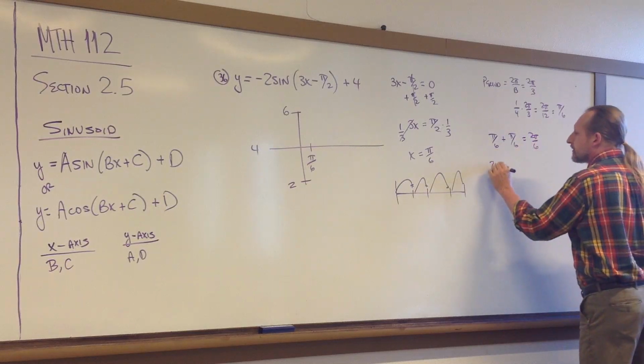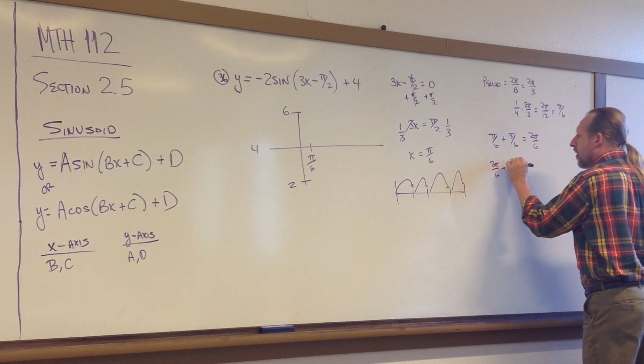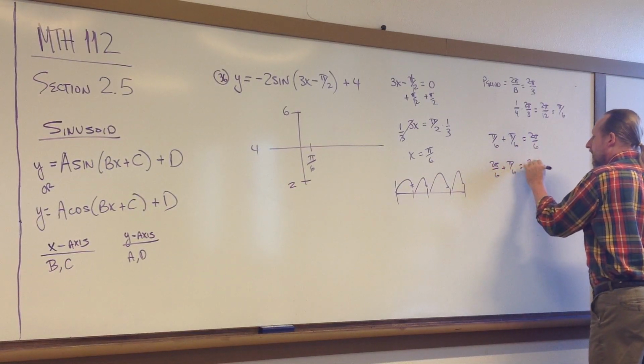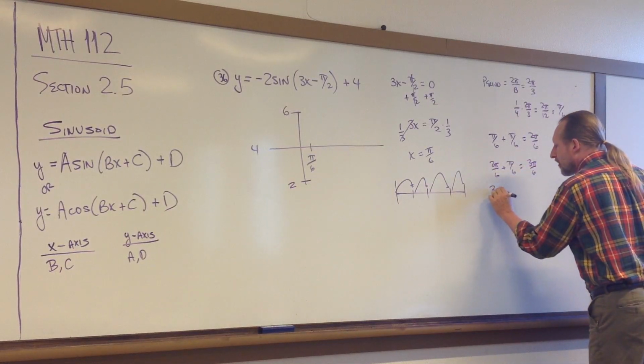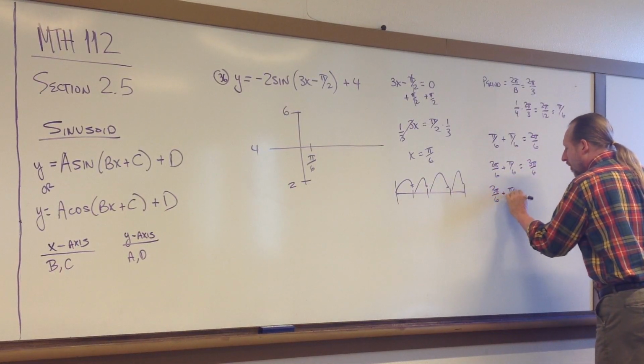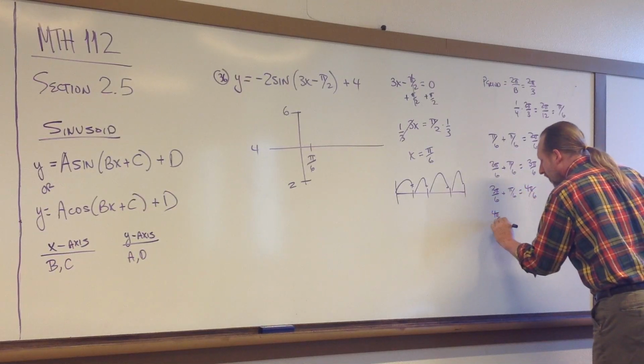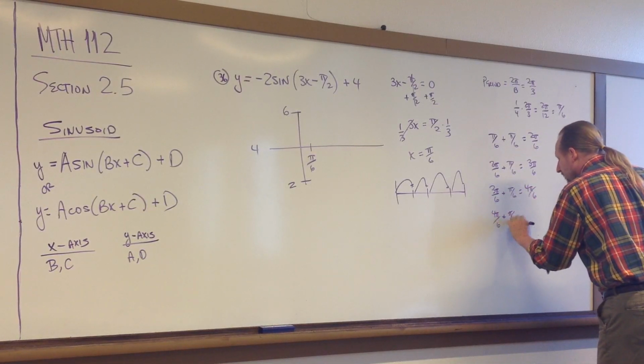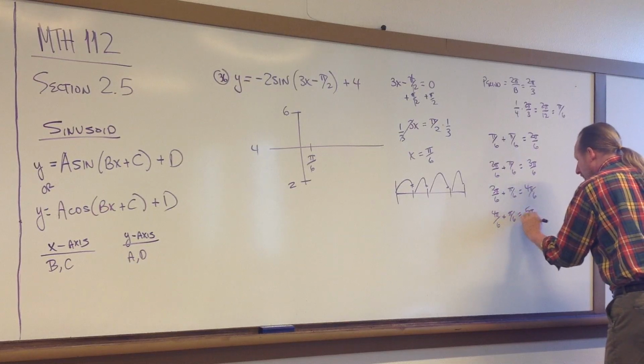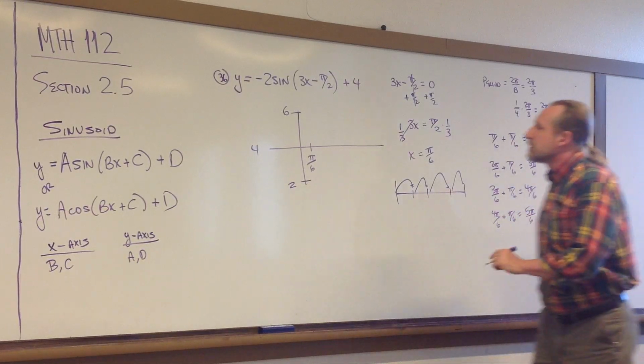2 pi over 6, 3 pi over 6, 4 pi over 6, and then 5 pi over 6. So, let's see here.